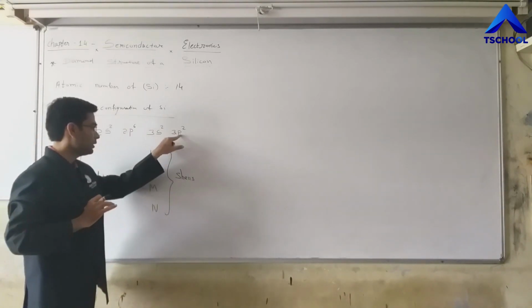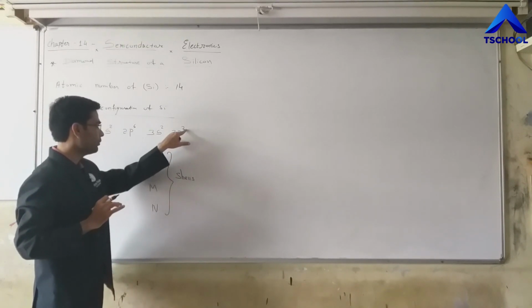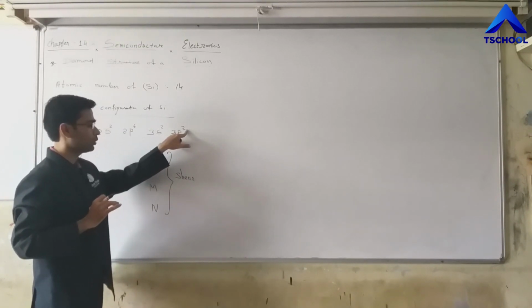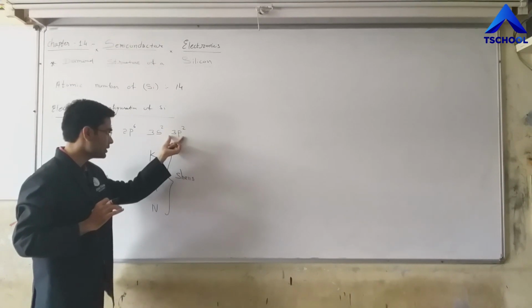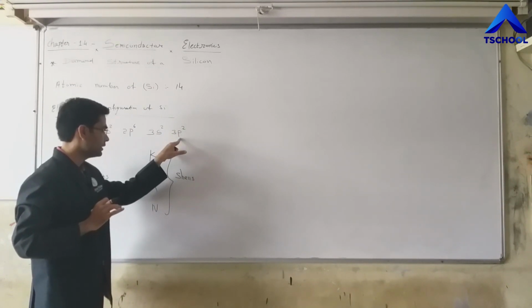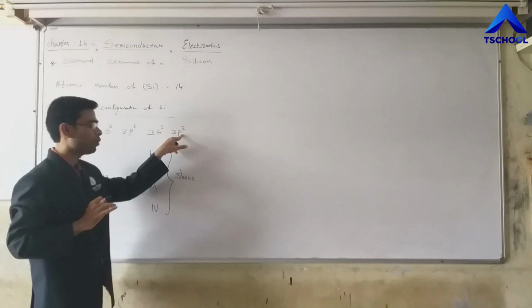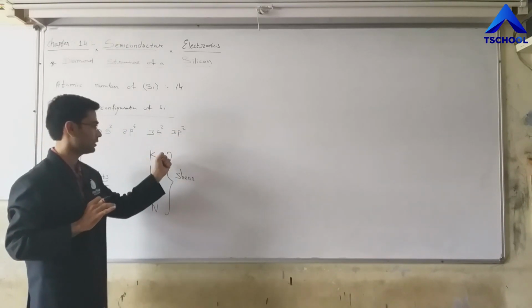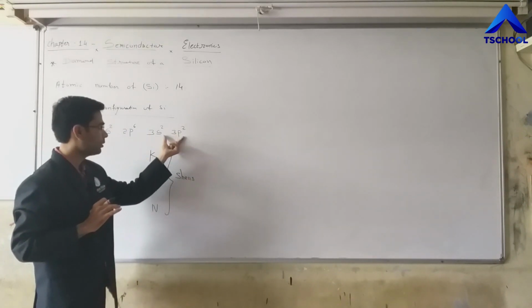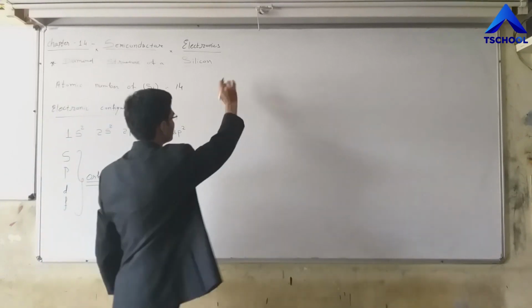In the p orbit the number of electrons is 2 and the maximum is 6, which means 4 electrons can be attracted, and 4 means tetra.